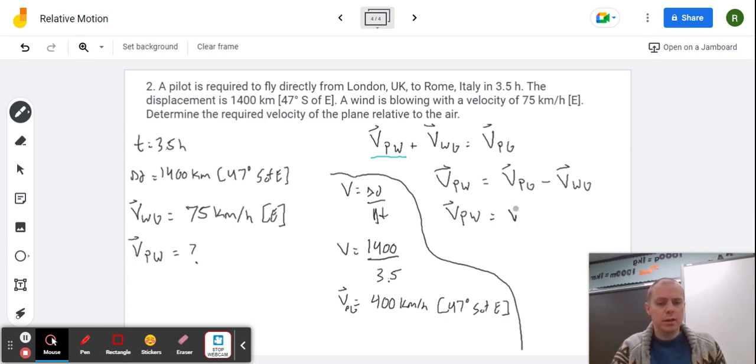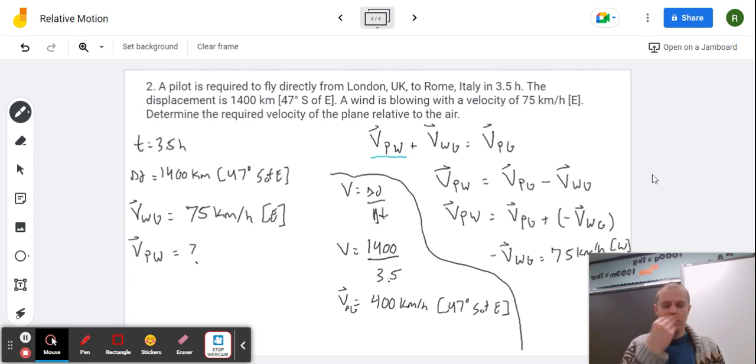So v_pg plus the negative of the velocity of the wind with respect to the ground. Okay? So the velocity of the wind with respect to the ground is just going to be the opposite, right? It's going to be 75 kilometers per hour west.